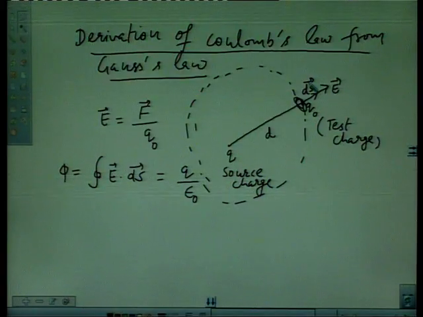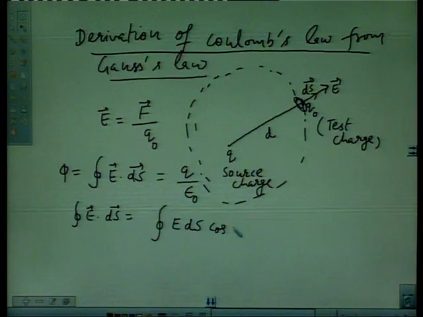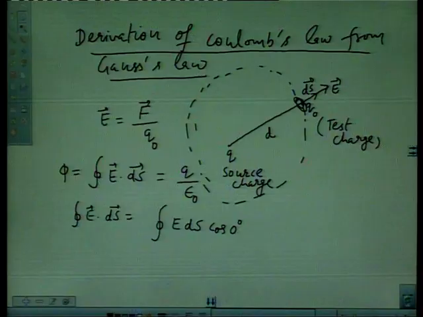So, we can write E vector dot ds vector is equal to integral of E into ds into cos 0 degree, because the angle between E and ds is 0.